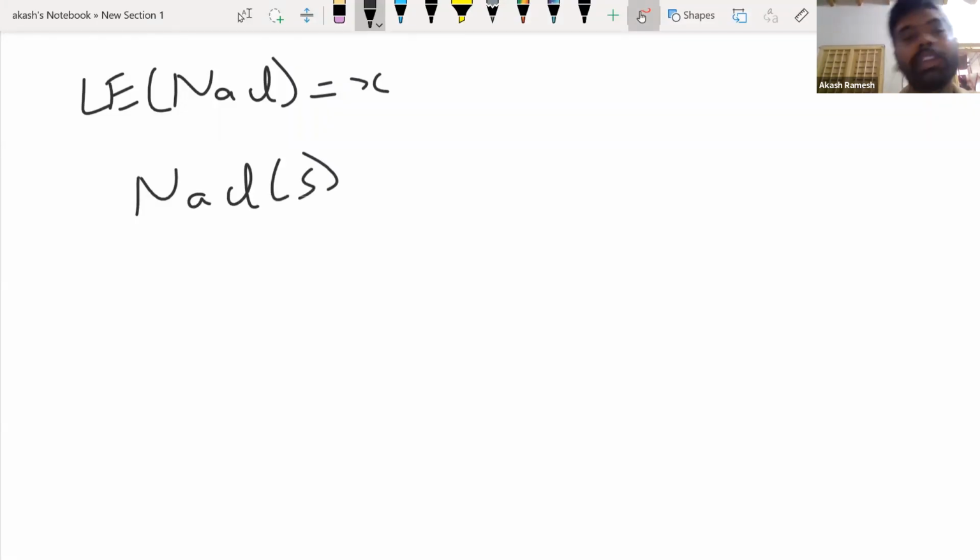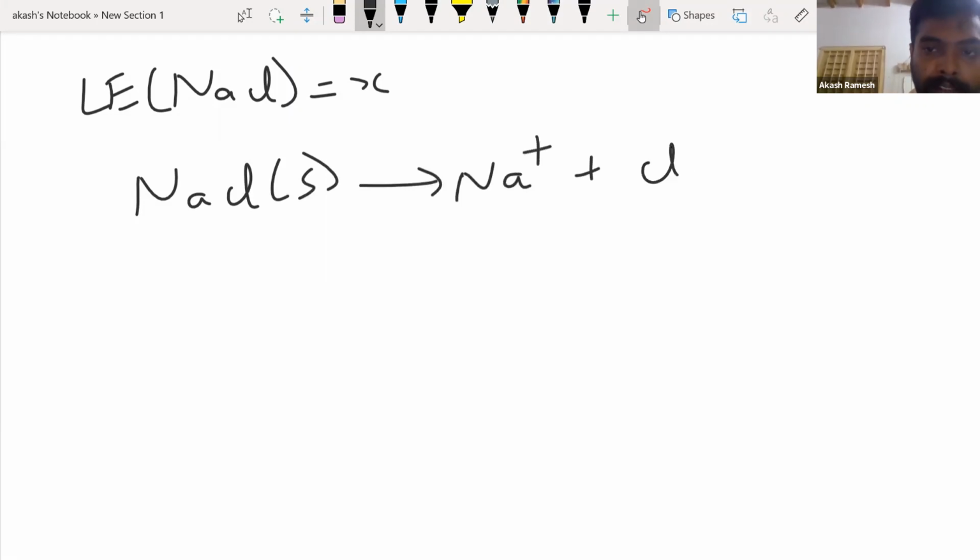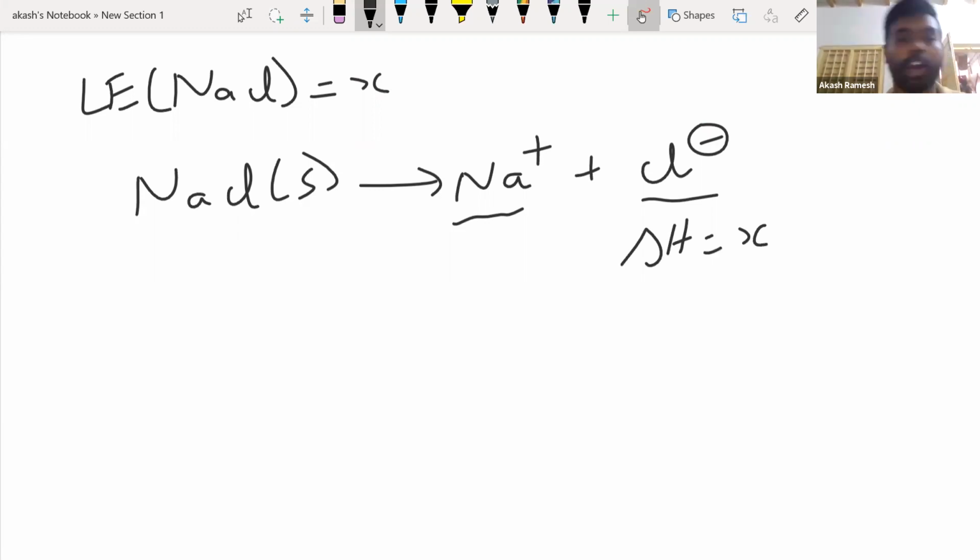If I supply some energy, it forms Na plus and Cl minus. The state of Na plus and Cl minus doesn't matter. You break the lattice and form Na plus and Cl minus, and the delta H for this reaction is X. As simple as that. You break the lattice and form the ions.